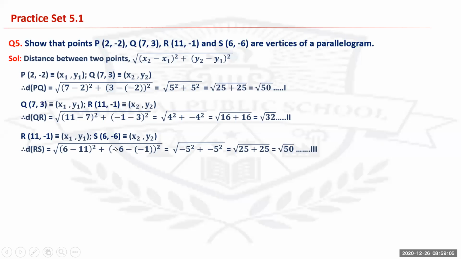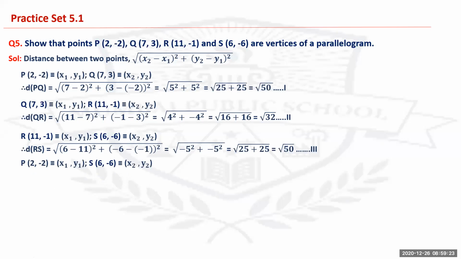Check, these two negative signs which are close together, minus and minus 1, will become plus 1. So minus 6 plus 1 will give you minus 5. So your answer is root 50. We give this as equation number 3.